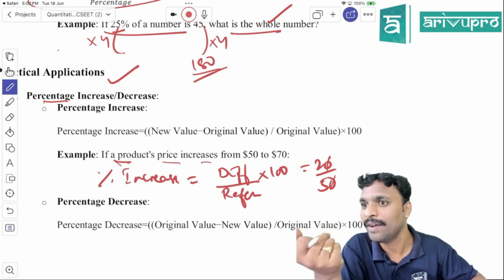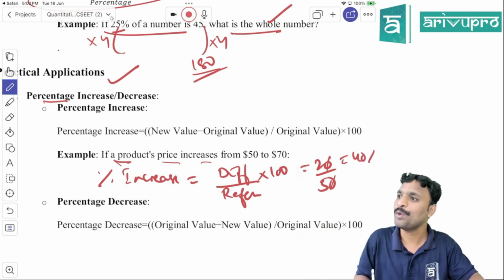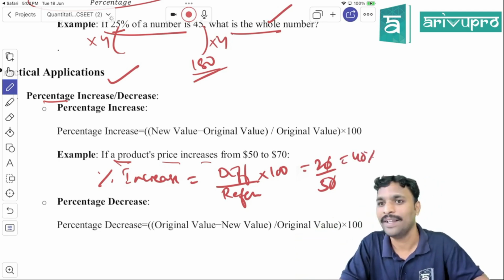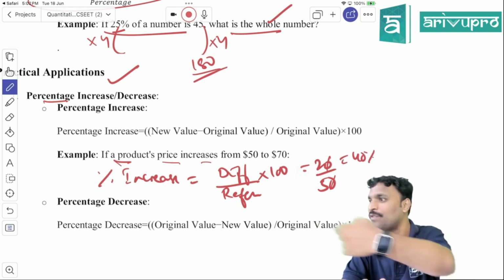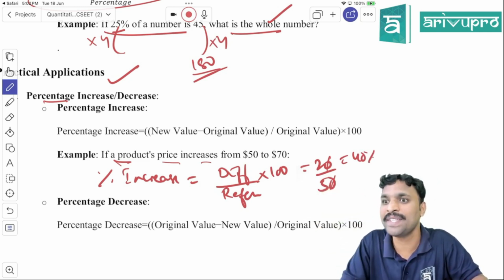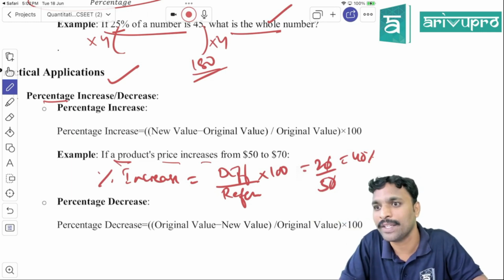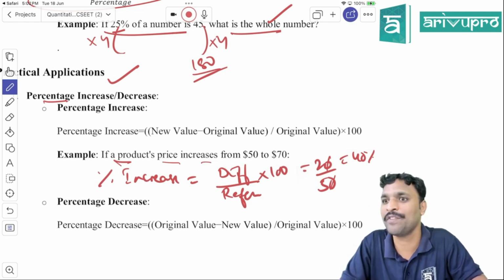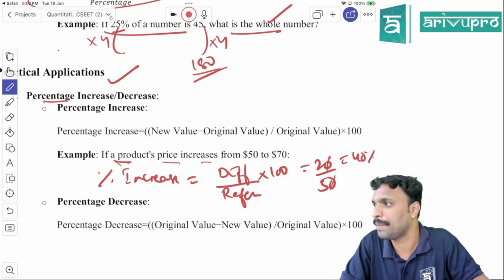Double. You understand the significance of me giving those fractions and percentages. Things become easy, your life becomes easy. Otherwise, difficult. 1 by 5 is 20%, so 2 by 5, double, is 40%.